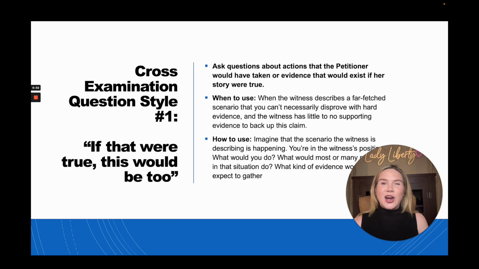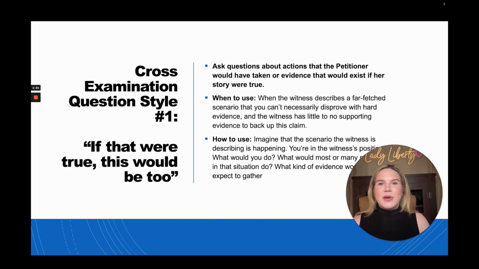And this part is arguably the most difficult part, but once you get the hang of it, once you understand what to do, then it will get a lot easier. So what you're going to do is imagine the scenario that the witness is explaining. Imagine that you're there. You are in the witness's shoes, and imagine everything that they're saying is happening to you. Just take a minute and try to transport yourself there as much as you can.